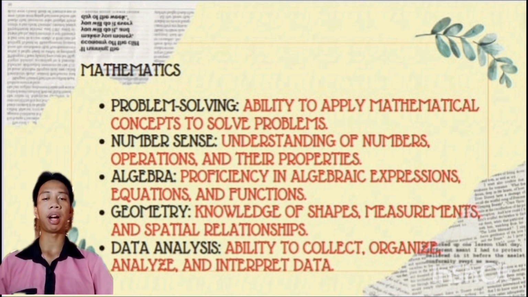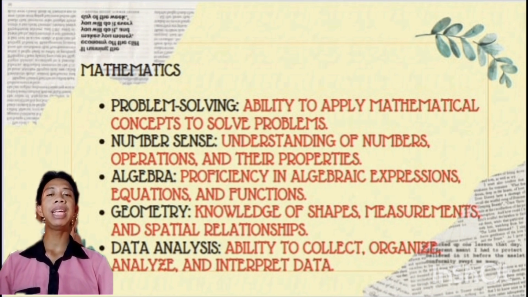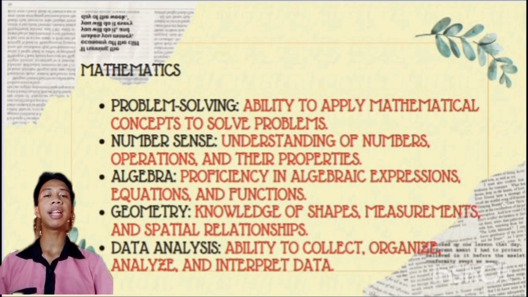Next is algebra: proficiency in algebraic expressions, equations, and functions. Next is geometry: knowledge of shapes, measurements, and spatial relationships. Next, data analysis: ability to collect, organize, analyze, and interpret data.